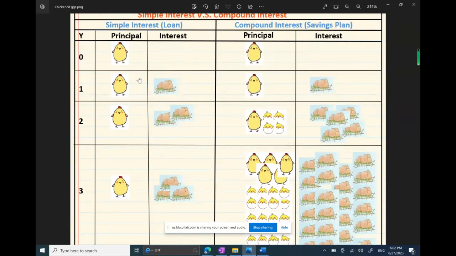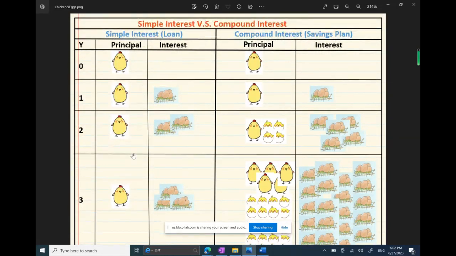So for simple interest, let's look at the left side of the table note. Imagine at the very beginning you have one chicken as the principal. And every year the chicken will lay 4 eggs. So the 4 eggs is your interest during the first year.